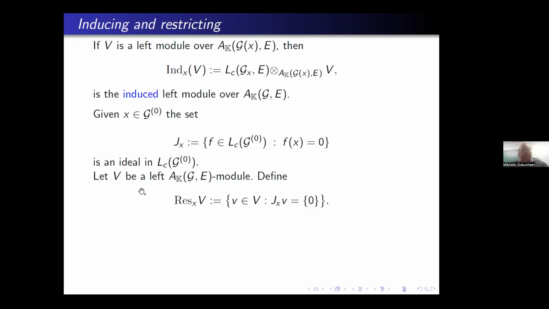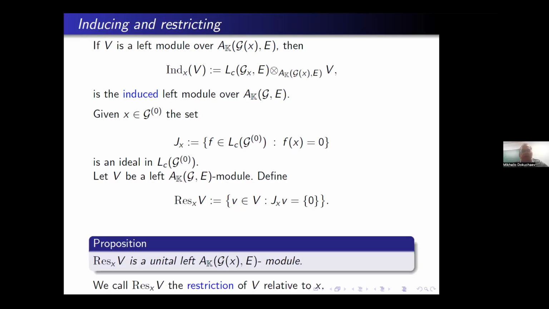So now, taking a left module over the Steinberg algebra, we define the restriction the following way. We take all v in V such that J_X v is 0. Then we show this is a module over the twisted group algebra, and we call it the restriction relative to this point X.